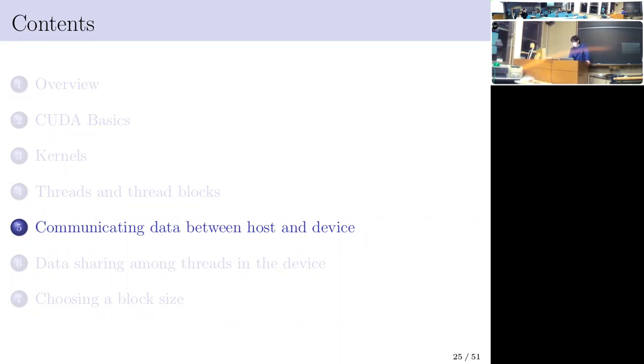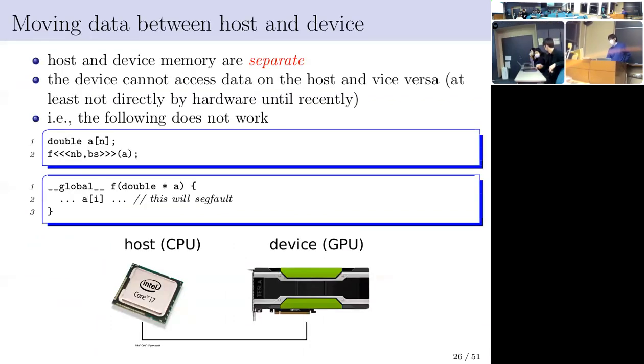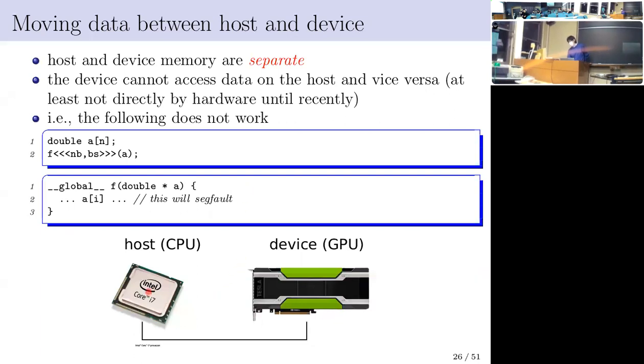Then the next thing you need to master is how the host CPU and device can communicate. Just remember that the GPU is a separate device, separate from the host CPU, and they do not share memory. So host memory and device memory are separate.